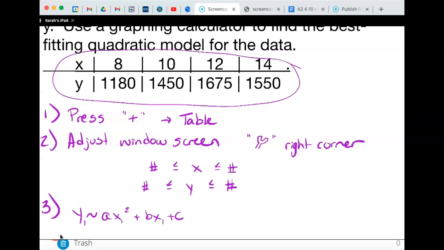So you can input this equation into the second line in the left column. When you do that, it'll generate an a value, b value, c value, as long as you type it in all correctly. How do you get the y1?